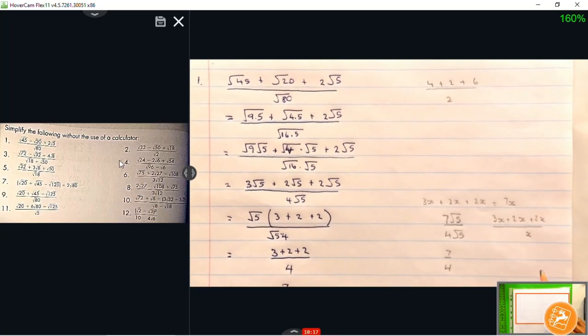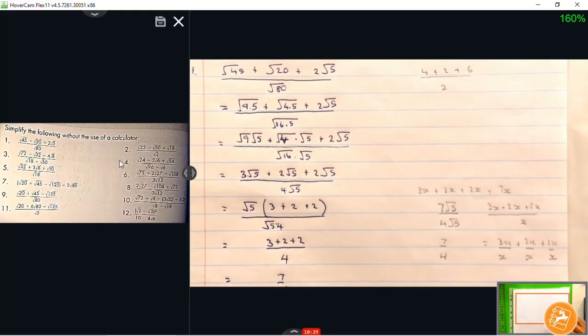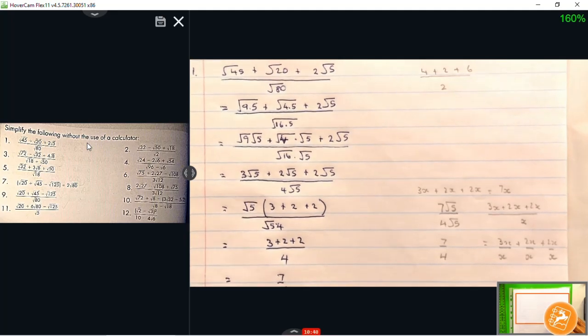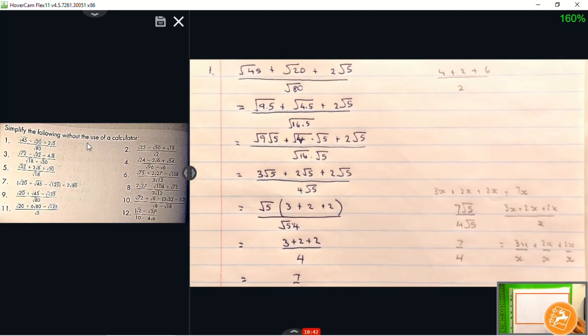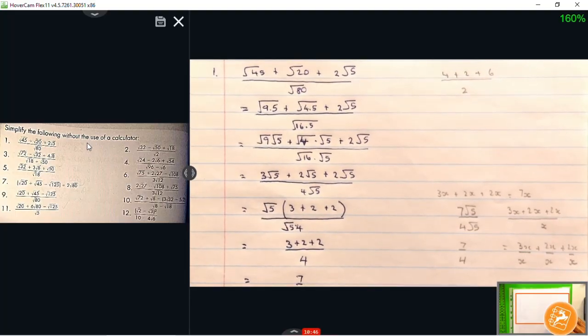You can simplify this by saying 3x over x plus 2x over x plus 2x over x. You remember? You guys, I'm sure you've forgotten. All in all, whatever you were taught earlier, don't throw it away. You were not doing it so that you pass. You were doing it so that you learn.